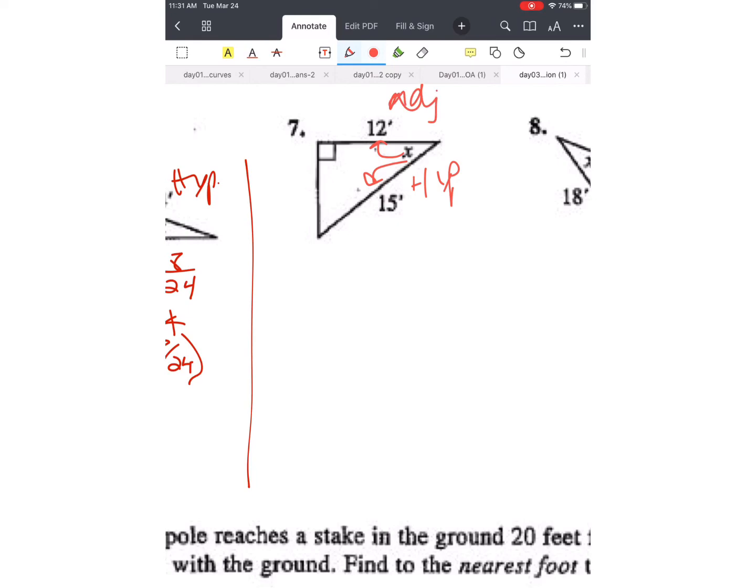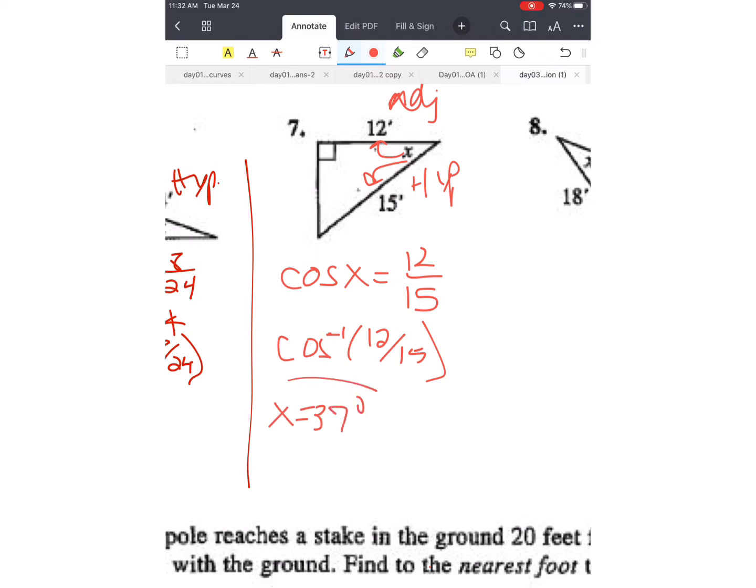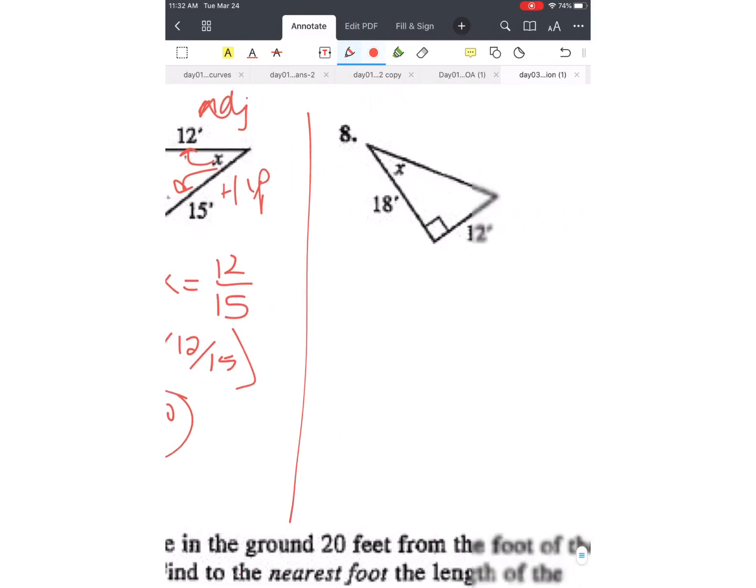So then this is going to be cosine of x is equal to the adjacent on top, the hypotenuse on the bottom. So you do cos inverse of 12 over 15. So second cos 12 divided by 15, and you get x equal to 37 degrees. I'm rounding to the nearest whole degree.